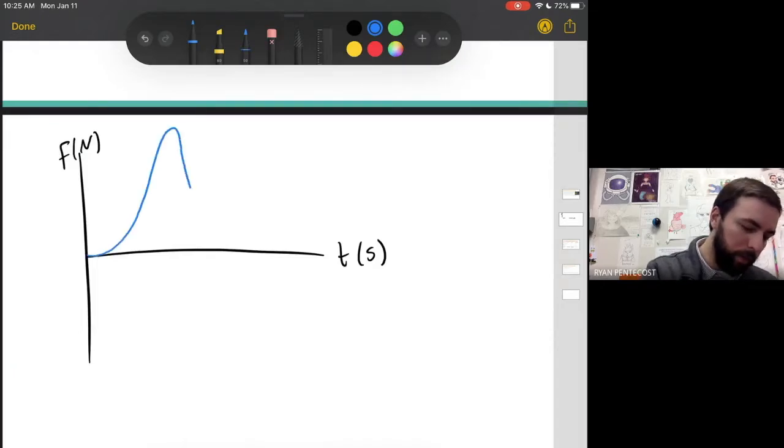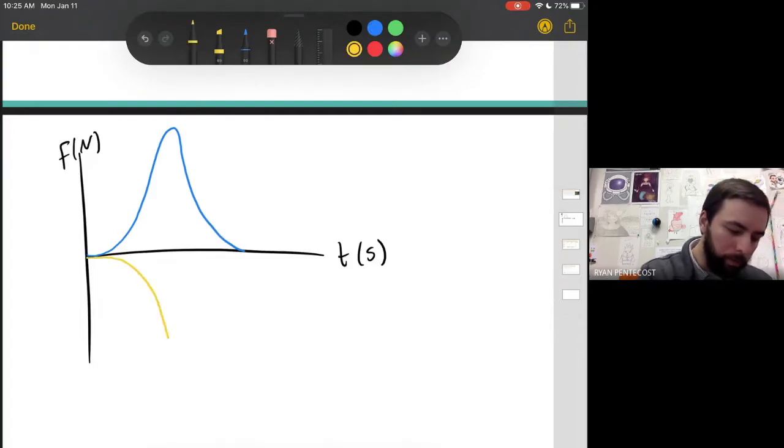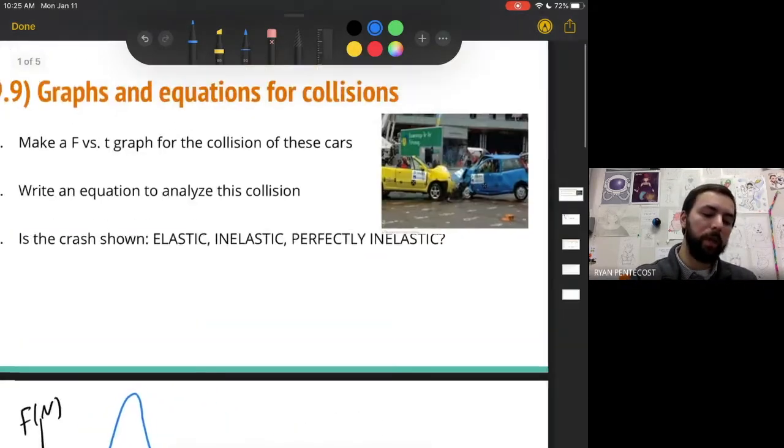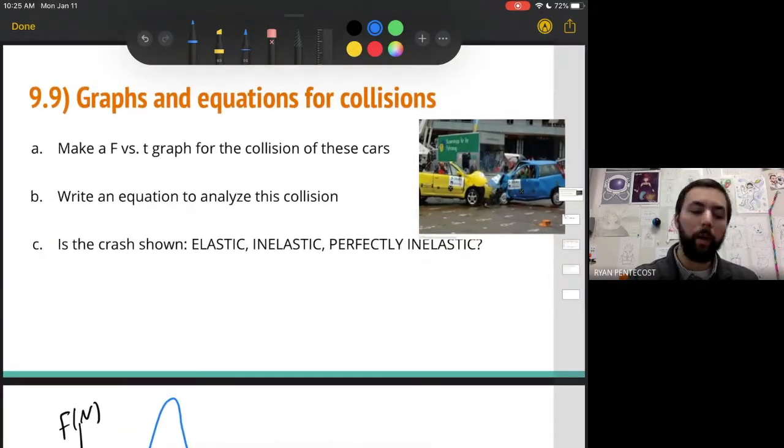So these will look like a big peak, but they will mirror each other. Oh, that's not a great mirror. I mean, the blue is not even really great to begin with, but there we have two peaks, right? They're going to experience an equal force, but in opposite directions.